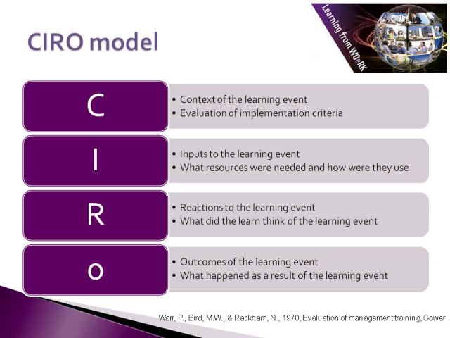R stands for reactions to the learning event. What are the reactions of the learners to the event, and maybe what are the reactions of other stakeholders to the event taking place? Lastly, the O stands for outcomes of the learning event. How much did the learner learn? What has been the impact on their performance and the way that they do their job?